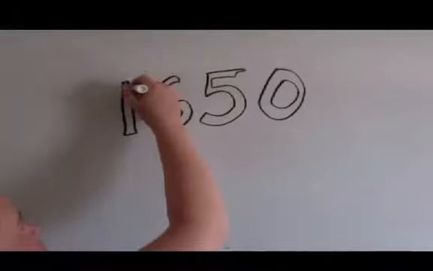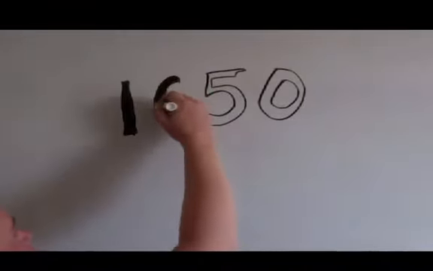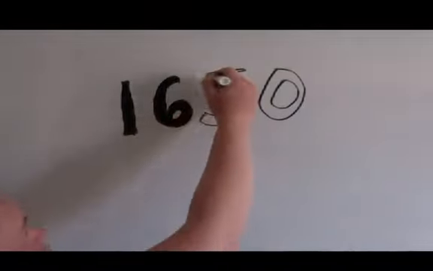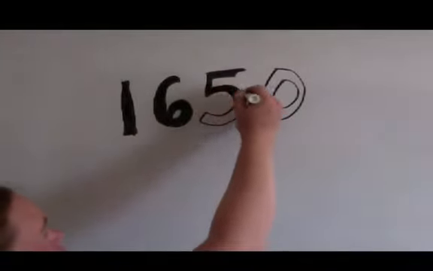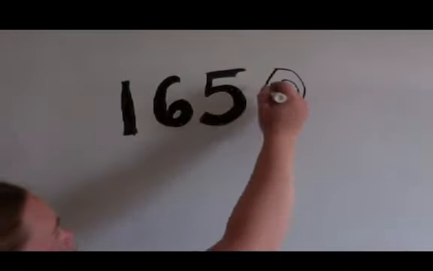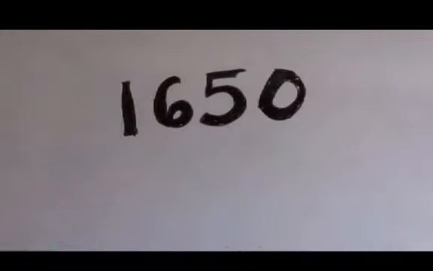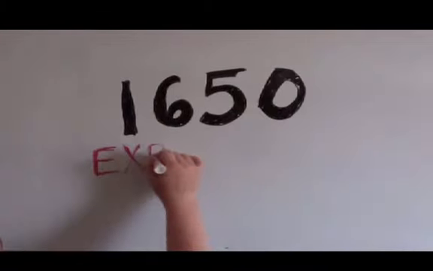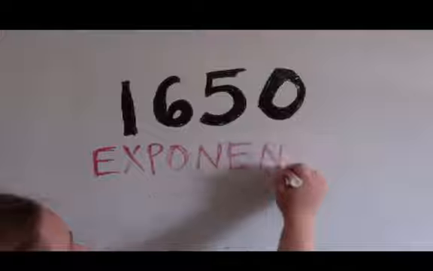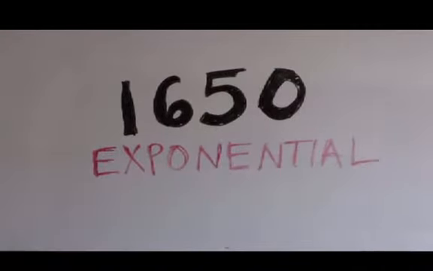Now let's talk about human population. We've been growing at a steady rate, but then in 1650 is when we really started to have an exponential growth. This exponential growth, as we were talking about, is because we were able to overcome the carrying capacity.